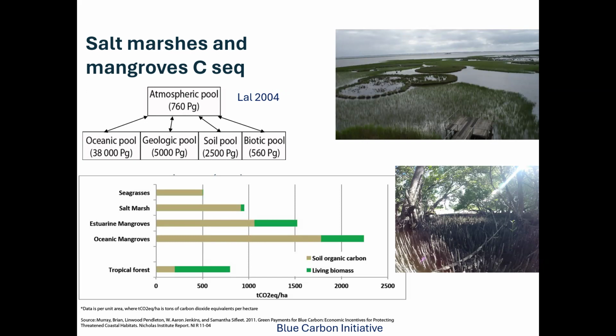But as you can see there, from a mangrove perspective, they far outweigh the carbon that's stored in the other ecosystems, including what we typically think of as one of those really carbon-rich habitats, and that's tropical forest. So what's locked up in the soils of mangroves is much greater, even in the estuarine mangroves, than in the entire tropical forest per hectare, so per unit area. Okay, so that's really important to put it into context.